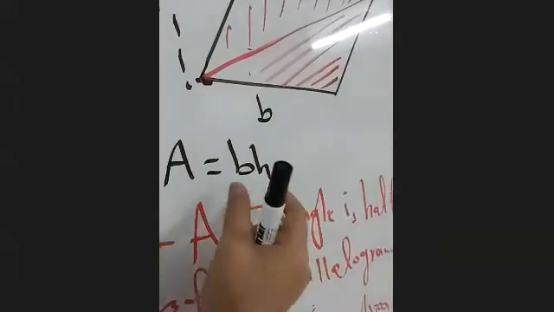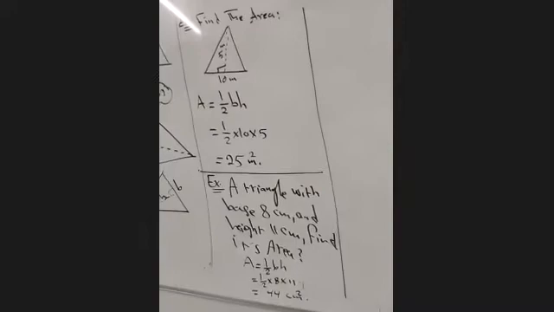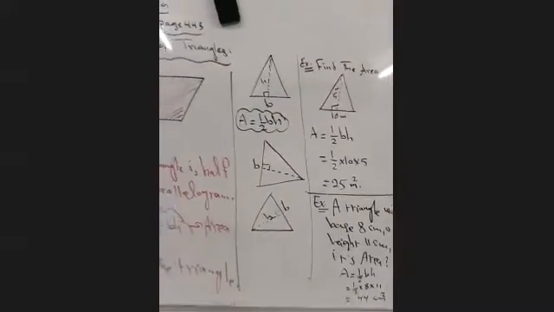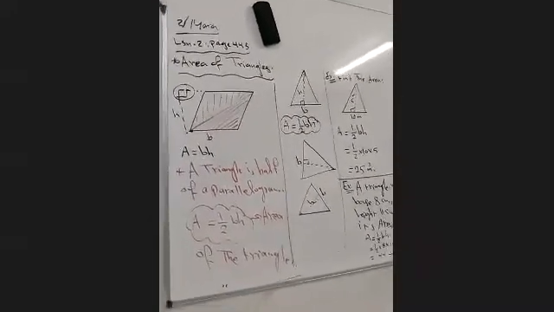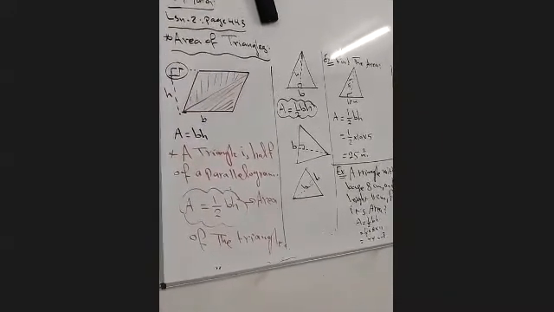So if the area of the parallelogram is BH, then the area of the triangle will be half BH. And here we have two examples to find them. This is the idea here. Now let's see what the book has.